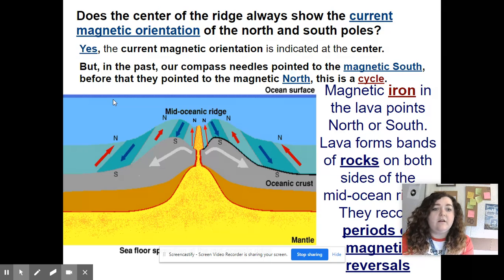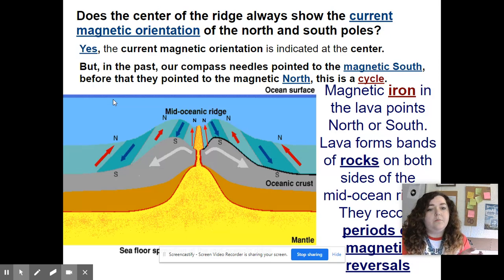So the magnetic iron in the lava points, or right there where the new rock is forming, the magnetic iron either points north or south, and it forms different bands of rocks on each side of the mid-ocean ridge. And these bands, they show what the magnetic orientation was during the time that rock was forming.